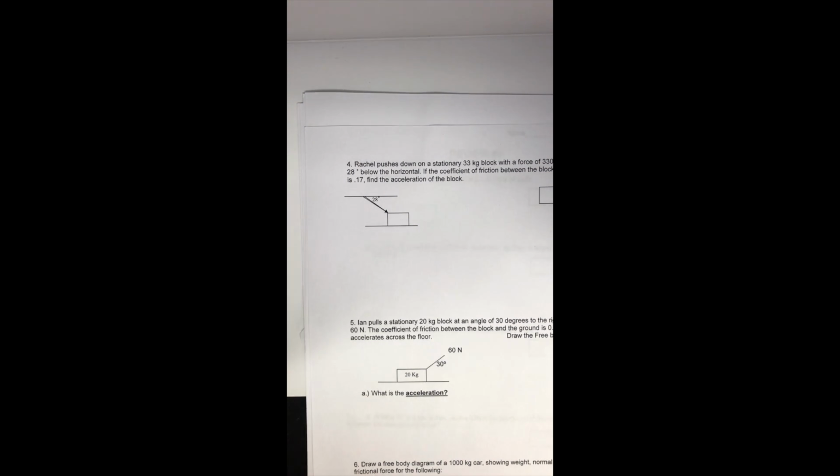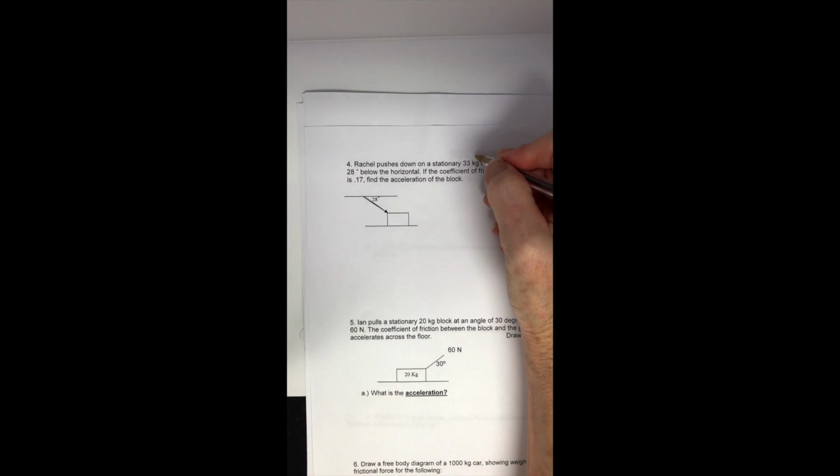Okay, there are two inclined planes. So let's go back and do one more problem. And that's the one right here, number 4. So we've got the mass. We've got a force applied at a certain angle.